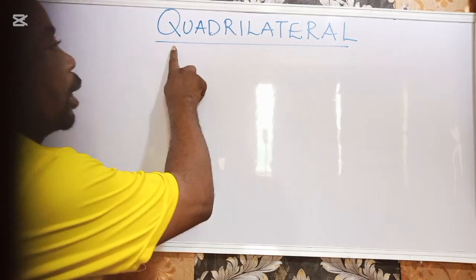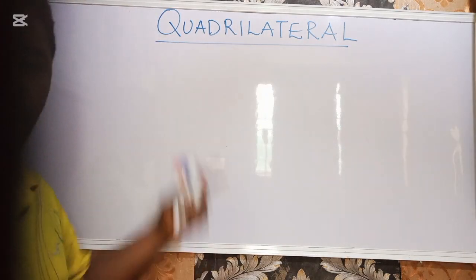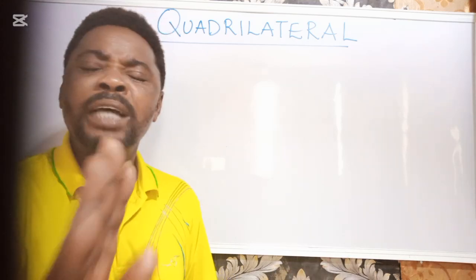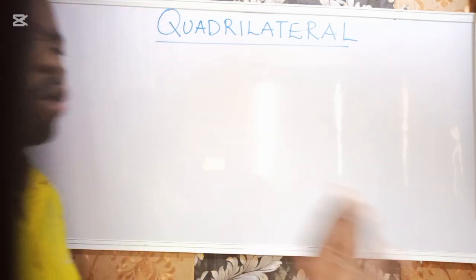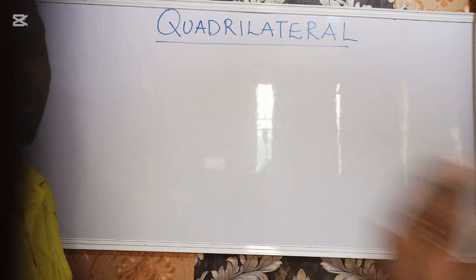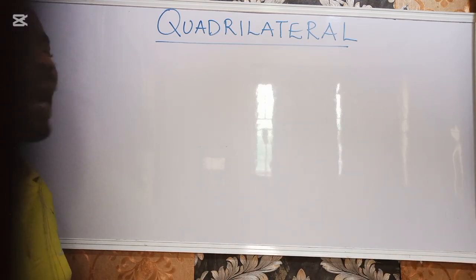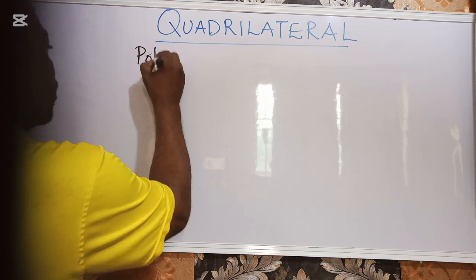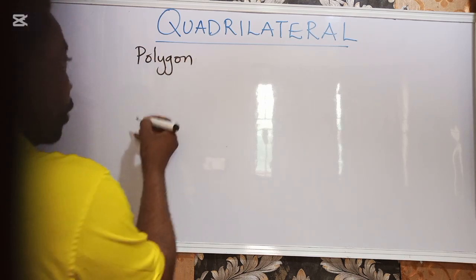Okay, now today we are doing quadrilaterals. Let's go straight. What is a quadrilateral or what are quadrilaterals? Quadrilaterals are polygons.